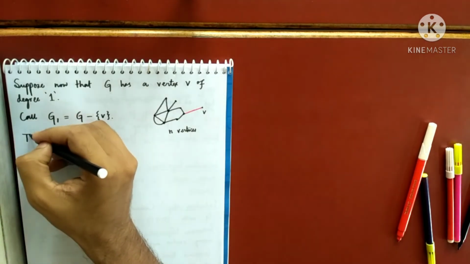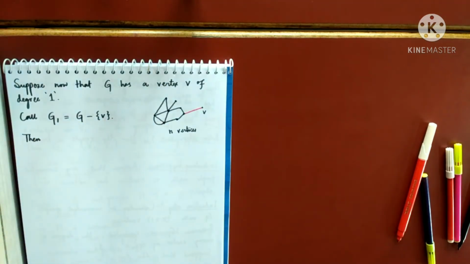Then what about G1? Is G1 connected or disconnected? What can you tell me? I hope you all will agree this G1 is a connected graph. If you are thinking why, just simply think that if G1 is not connected, then that will imply G is also not connected, and that will lead to a contradiction.